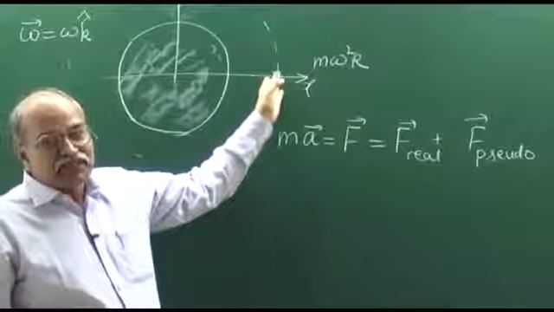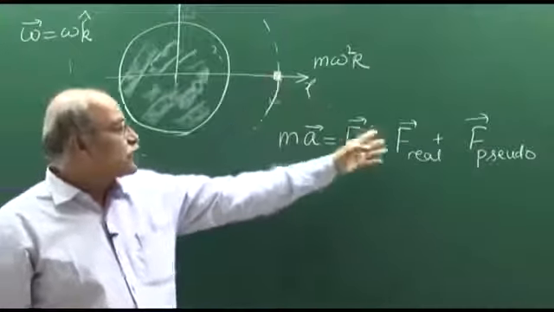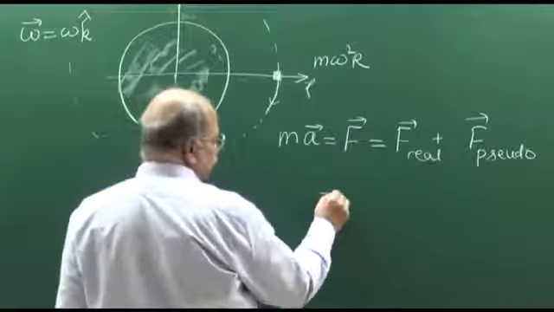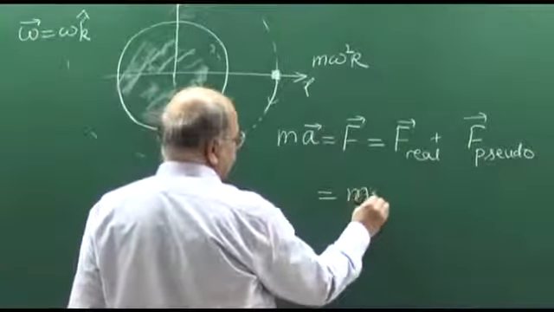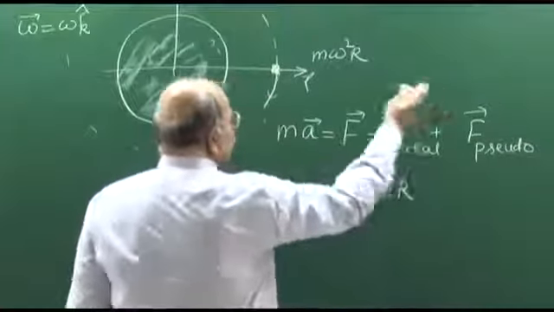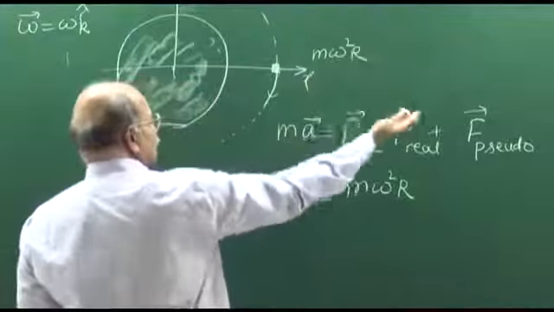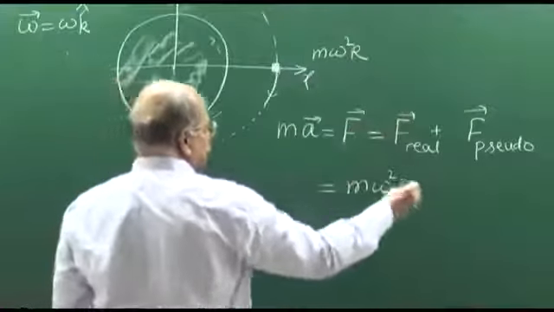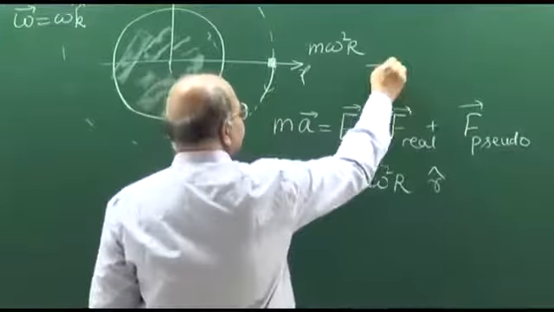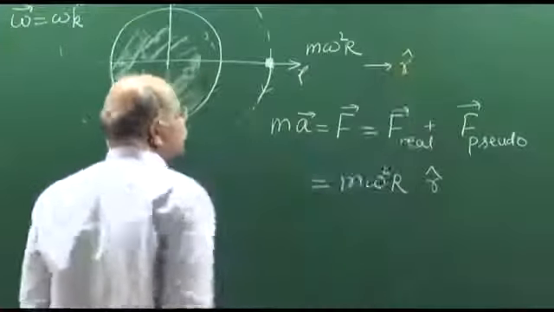So, real forces must add to 0. So, this part is gone. Pseudo force, if I write this pseudo force, then it is m times omega square times r in outward direction. Centrifugal force is away from the axis. So, I can write this as r cap, where r cap is this direction, unit vector in this direction.